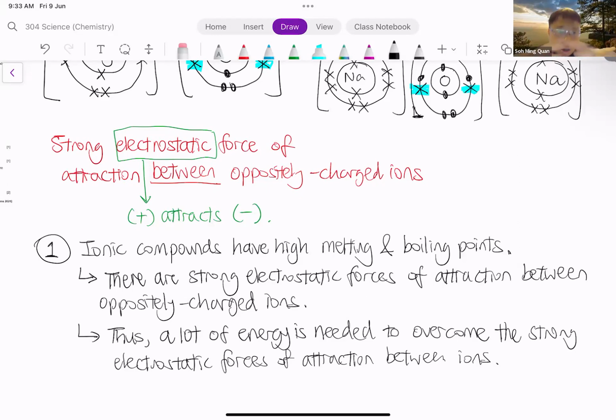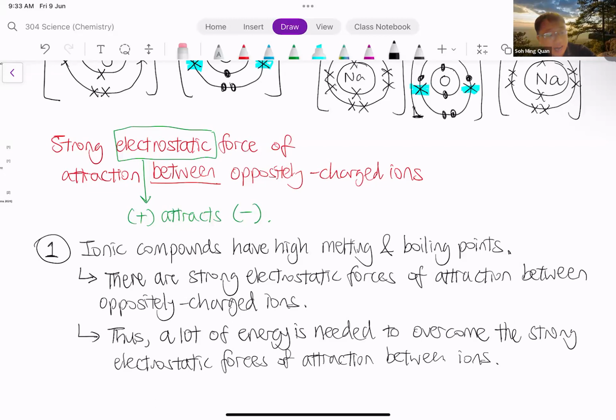If we need a lot of heat, that means you need to heat it to a very high temperature before it can melt. So this explains why ionic compounds have high melting and boiling points.